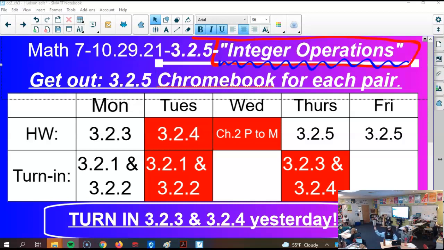I'm trying to check if it's 200. You stay where you're at. I'm going to reset.